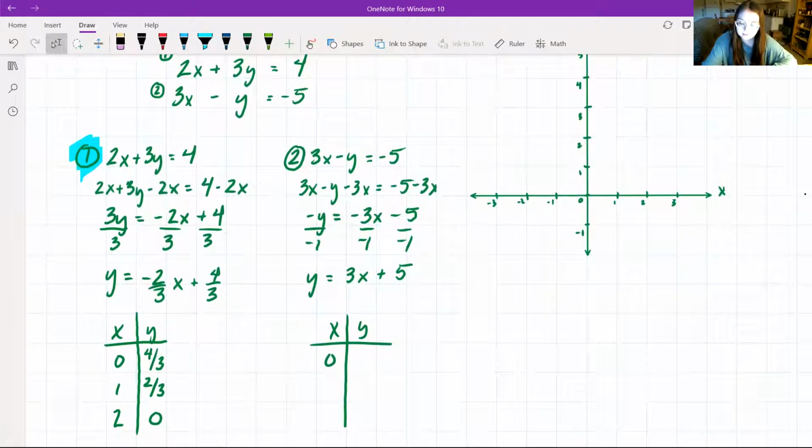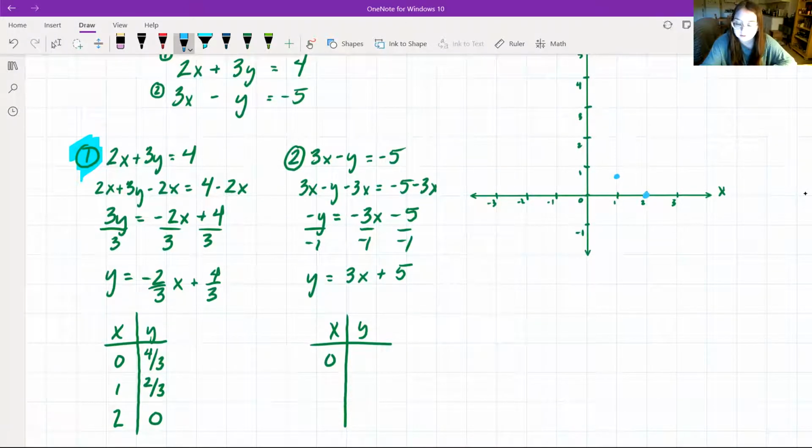So we have our points: 2, 0; 1, 2/3; and in this case we're just estimating since we don't have exact values on our graph. So we have 1 and 2/3, let's say it's about right here. And then we have 0 and 4/3, which is 0 and 1 and 1/3.